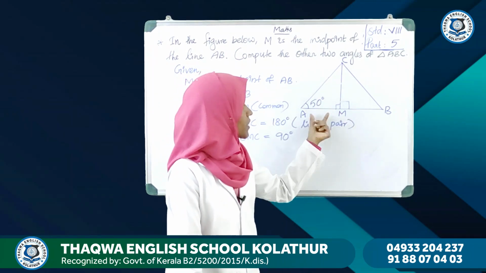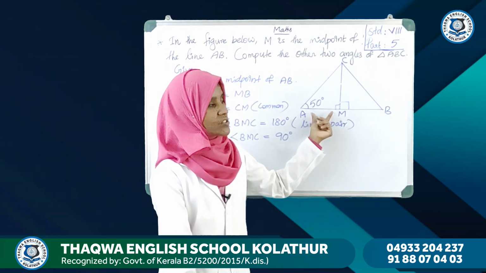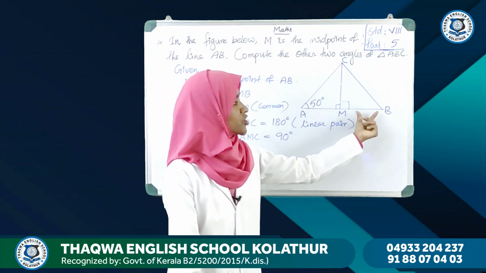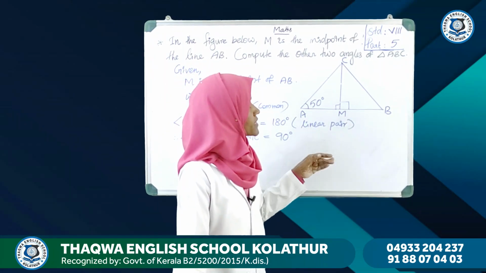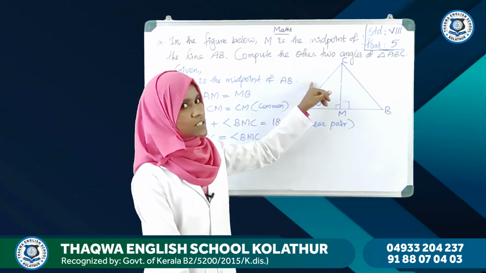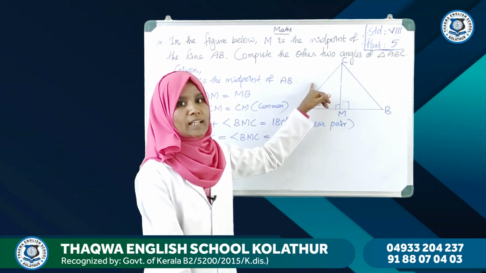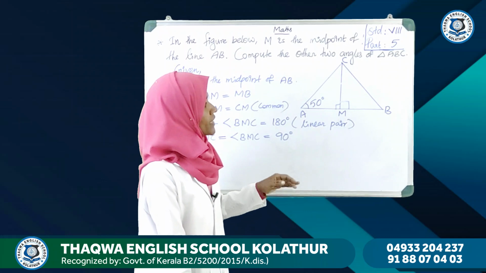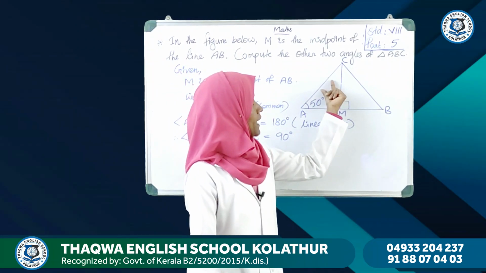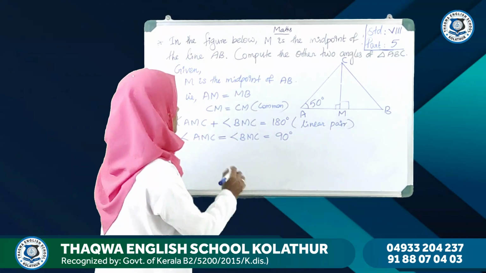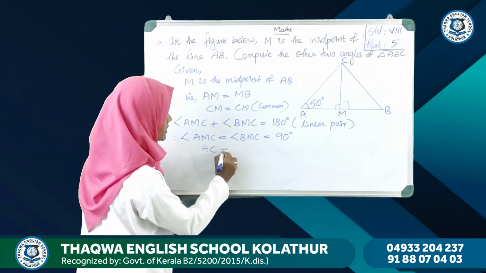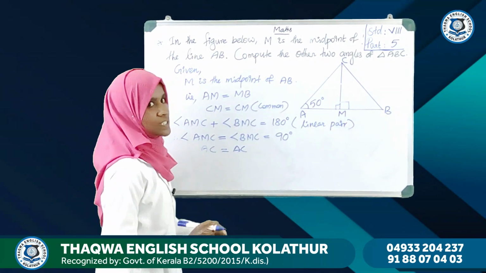They are equal in both triangles, that is triangle AMC and triangle BMC. So we can say that the third side and the other two angles are equal. What are the third sides? AC and BC. Okay. That is, we can write AC equals BC.